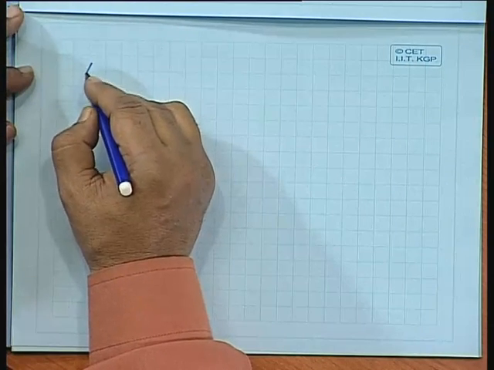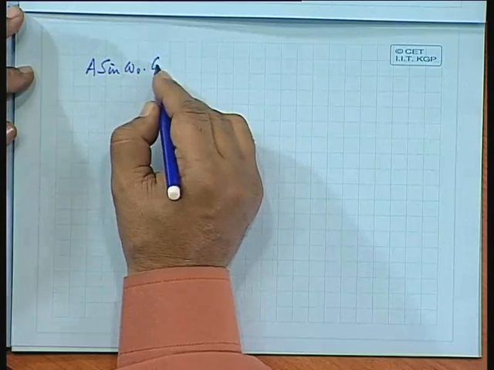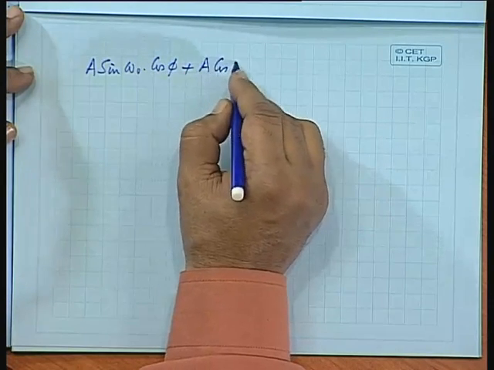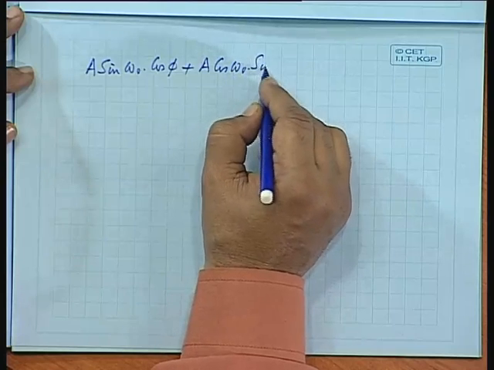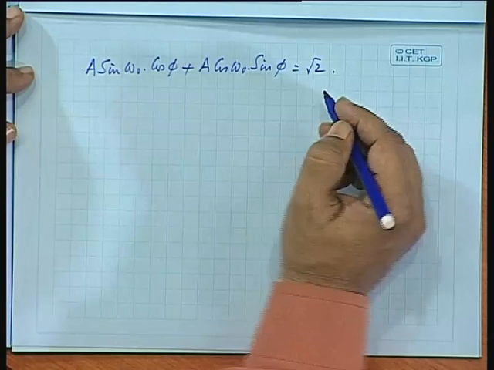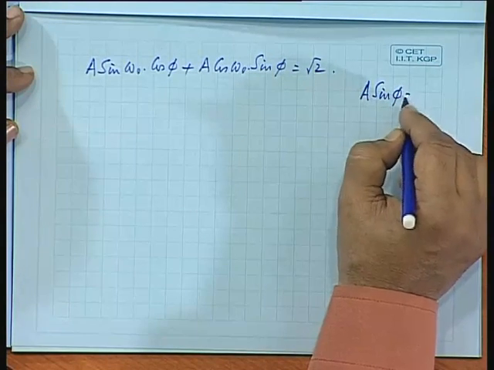The second equation is A sin, break it up: A sin omega naught cos phi plus A cos omega naught sin phi is equal to root 2, and A sin phi is 2.